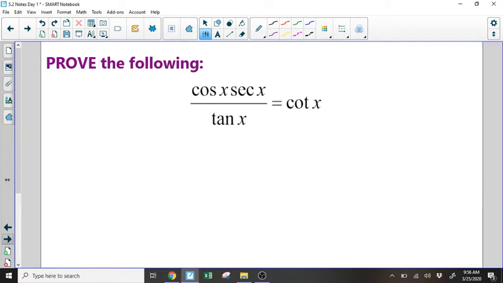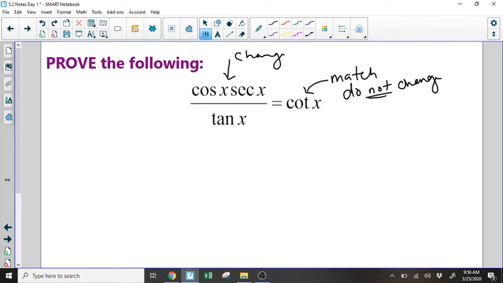So we are going to change this side to match the less complex side. And you do not change the other side. So we will only be working in this problem with the left-hand side. Once I get the left-hand side to say cotangent of x, we are done.